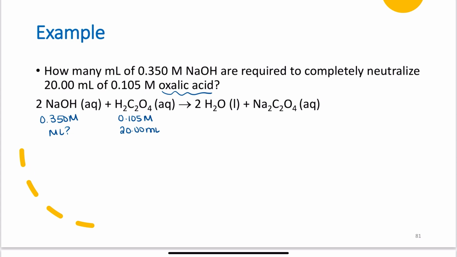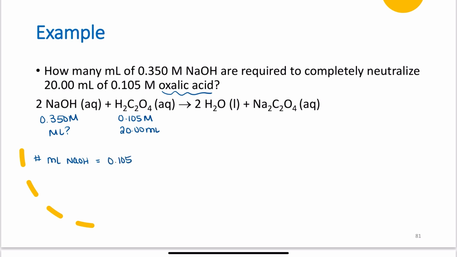I want to know the number of mL of NaOH to completely neutralize this. That means at the molar equivalency, when the number of moles of acid are chemically equivalent to the number of moles of base. 2 moles of base for every 1 mole of acid based on the balanced reaction.